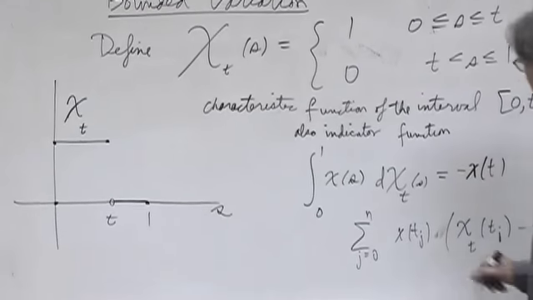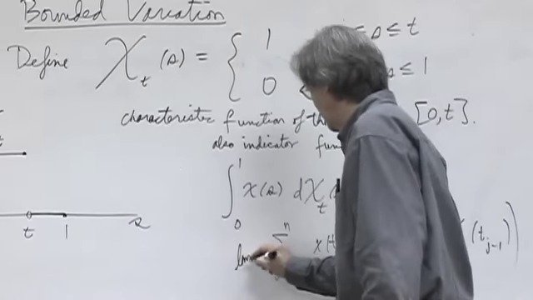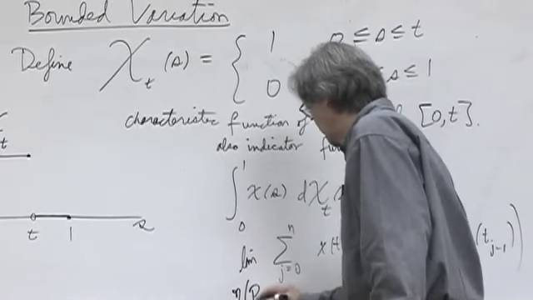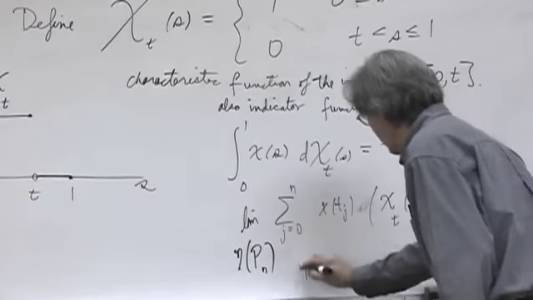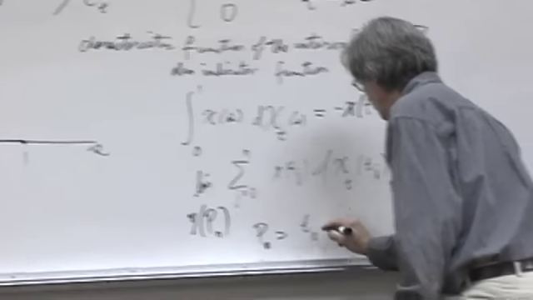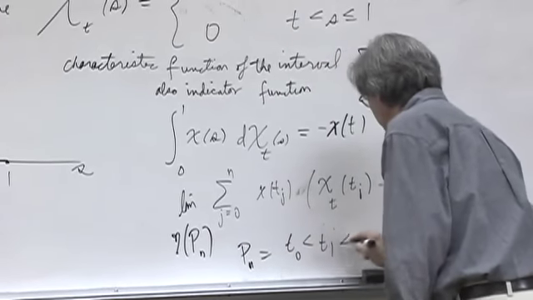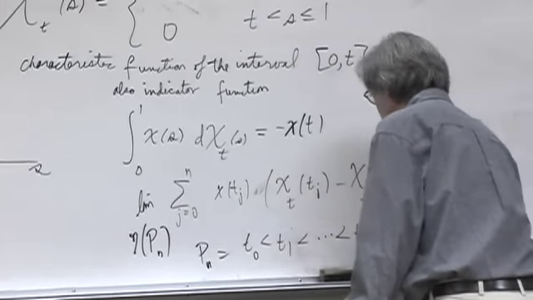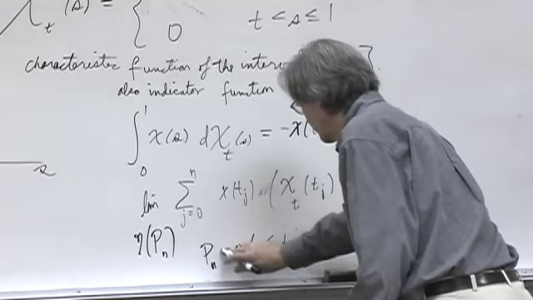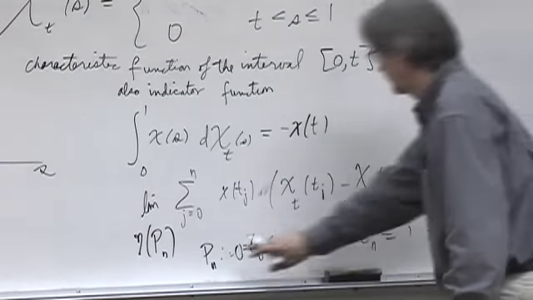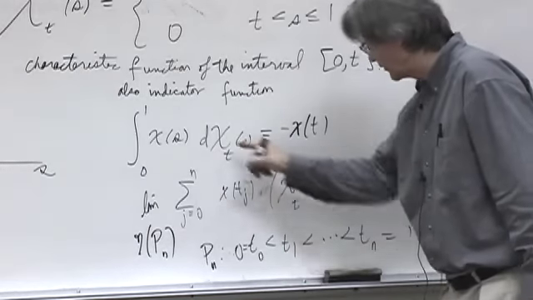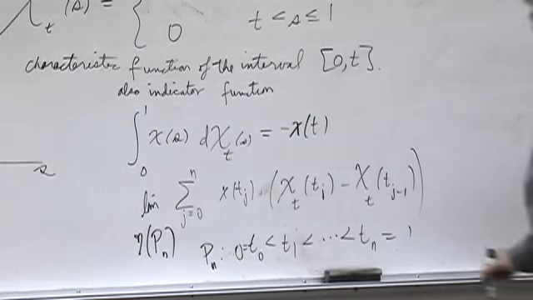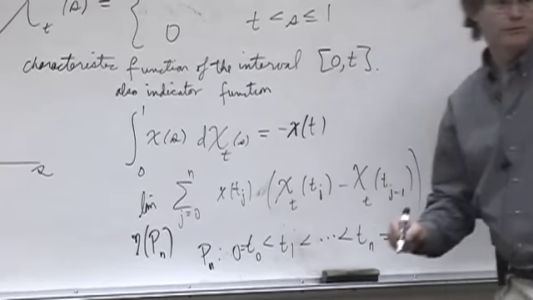Then take the limit as the gap of the partition P sub n goes to zero, where the t sub j's are the partition P sub n: 0 equals t0 less than t1 less than and so on, less than tn equals 1. So if I take the actual Riemann-Stieltjes integral, remember it's x dw.